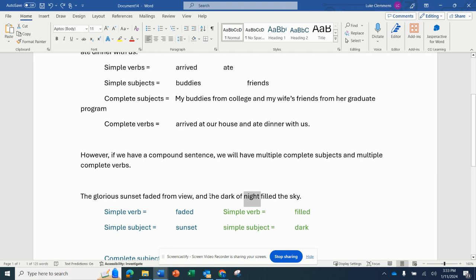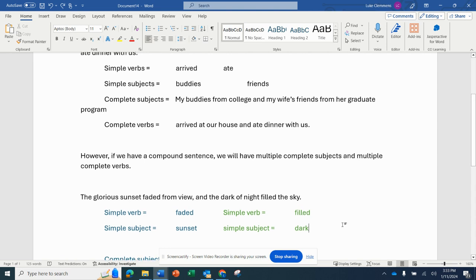Also, if you look at the language of the sentence, the dark of night filled the sky. Okay, what is it that really did the filling? Well, the way the sentence is worded, it's the dark that fills the sky. So dark is the subject acting upon that word filled. Okay, so we've got our simple verbs, faded, filled, simple subjects, sunset, dark. Now, we have two different thoughts here. These are not sharing, okay?